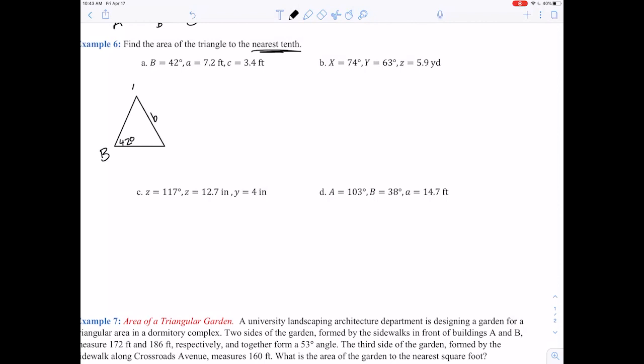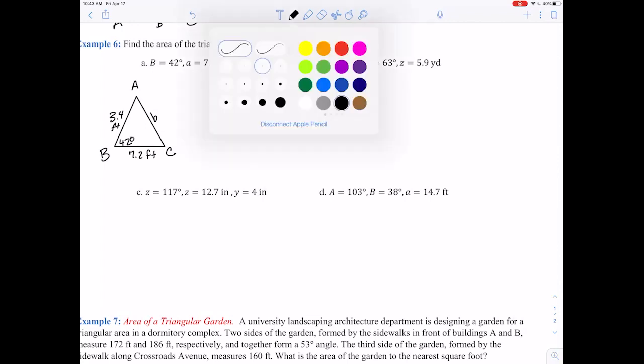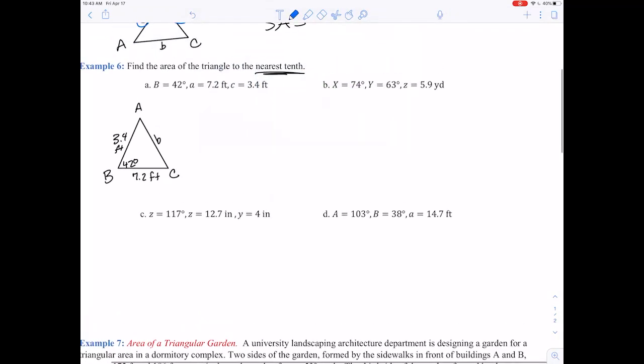We'll make this angle A and this angle C. So this will be side A at 7.2 feet, and this will be side C at 3.4 feet. Okay, and so in order to solve these triangles, we need side angle side.